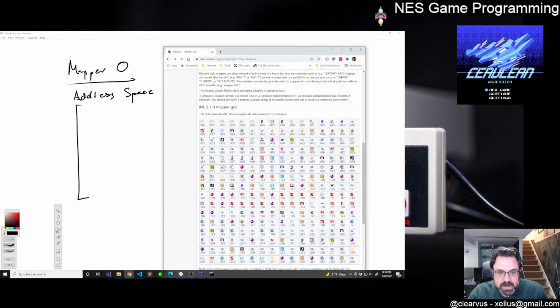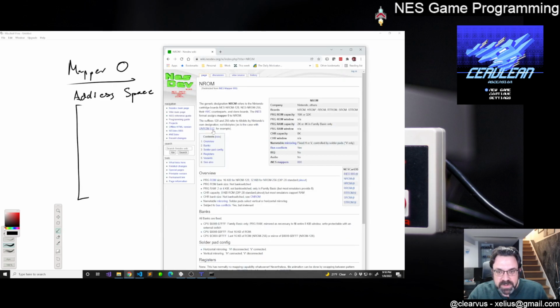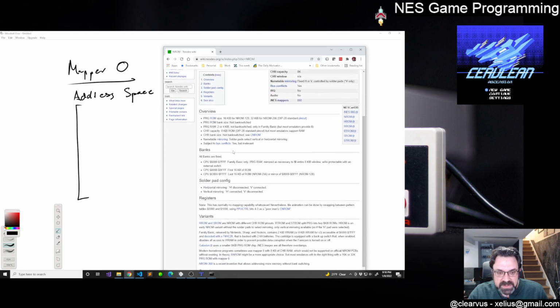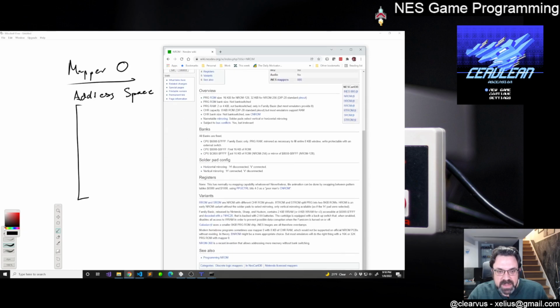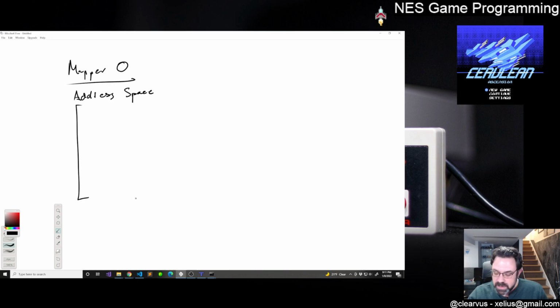With Mapper 0, you have up to 32K of address space, and that is starting at 8000 hex and goes all the way to FFFF if you're using all the storage.